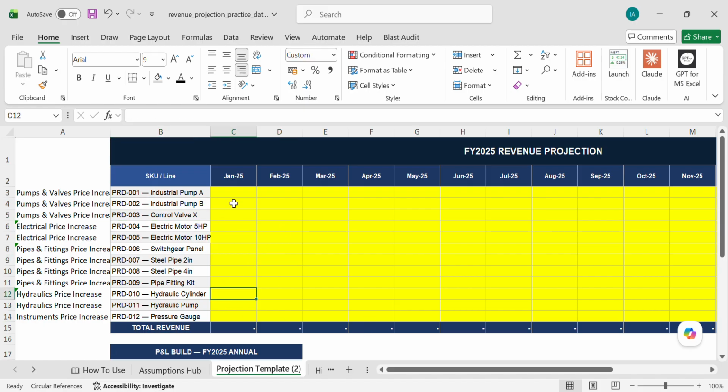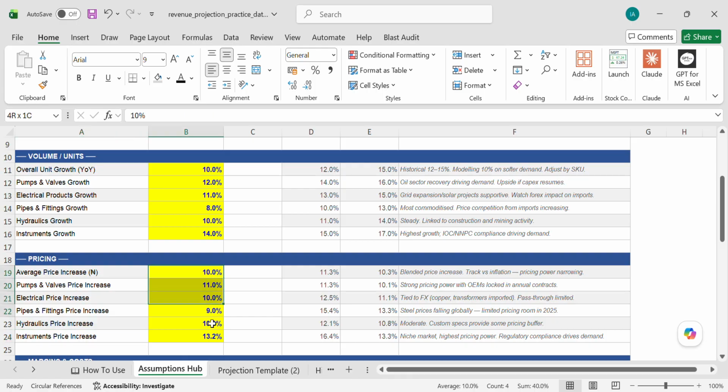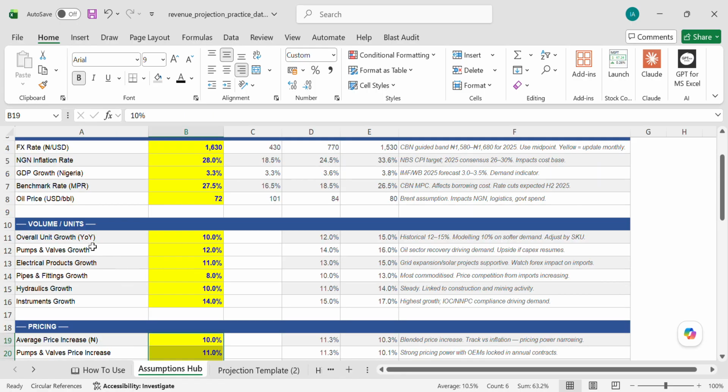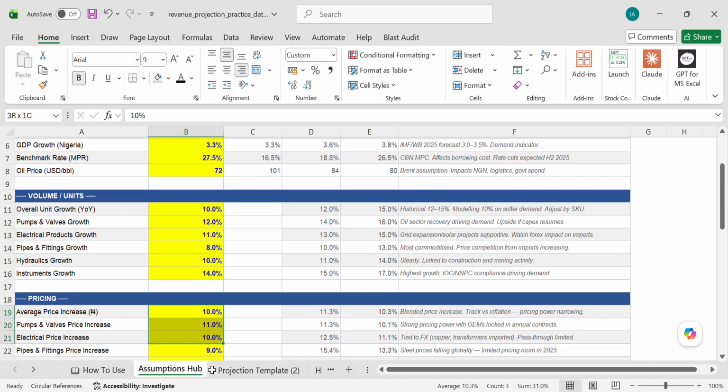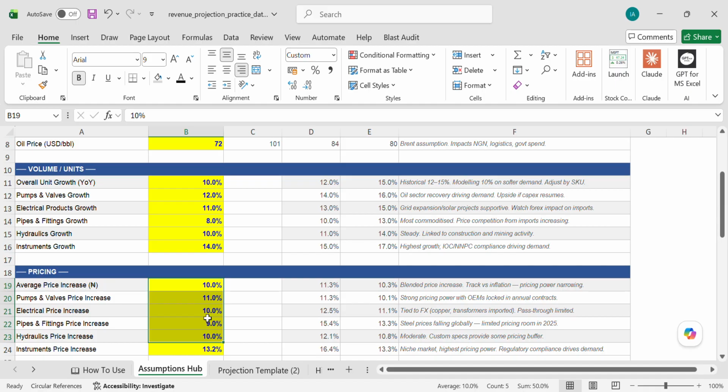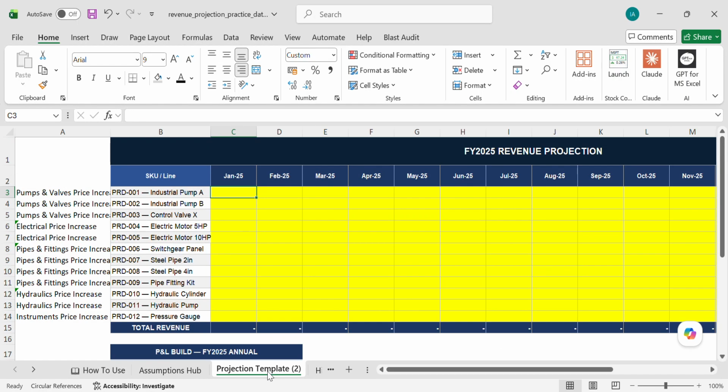So now what we need to do is, first of all, the revenue. We've already had our price. This is our price we're going to be using, and this is our volume, right? We need our volume and our price. Now again, I'll come here.